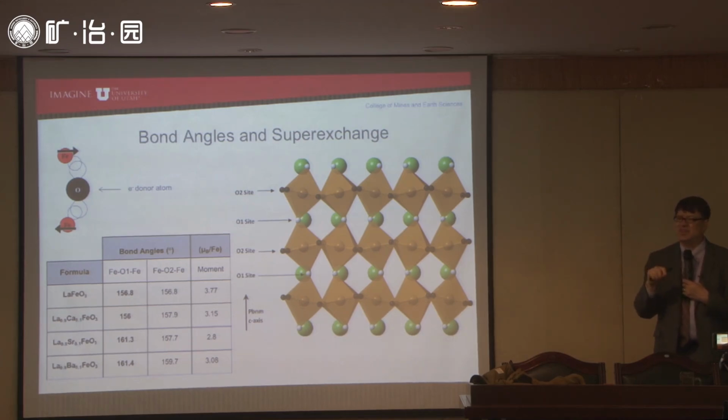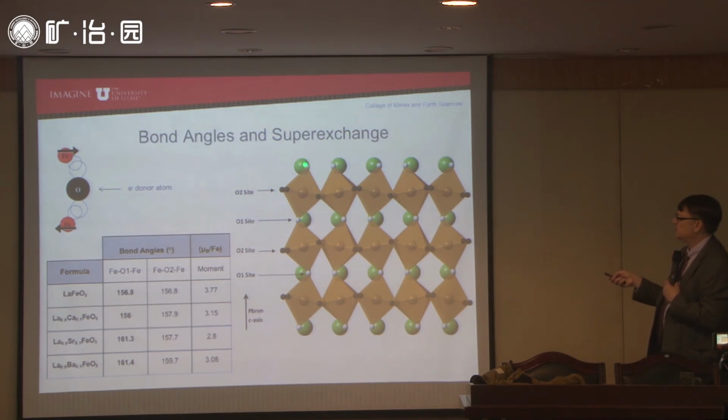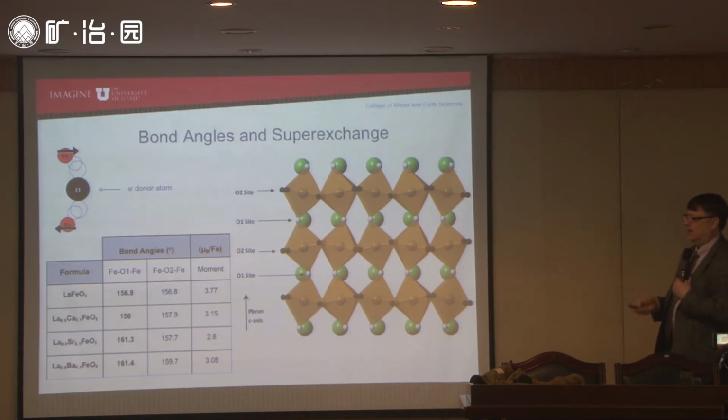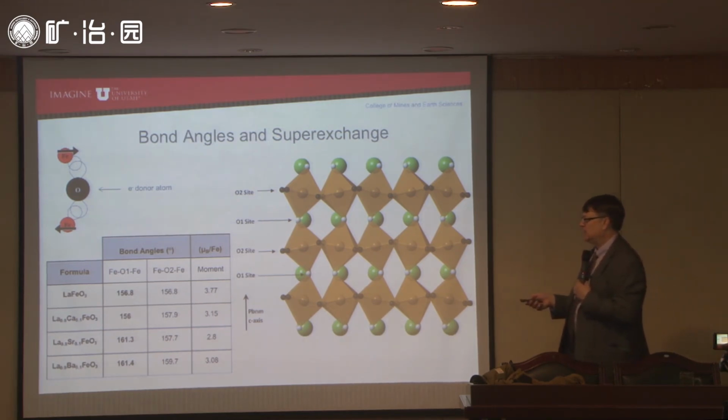It's a little bit tricky in this system because when you have magnetic behavior, it's difficult to take into account when you're using neutrons. But we were able to do some very careful refinement and measure this angle between our iron, our oxygen, and our iron. And that angle right there, we believed, was associated with the odd change in magnetic behavior.